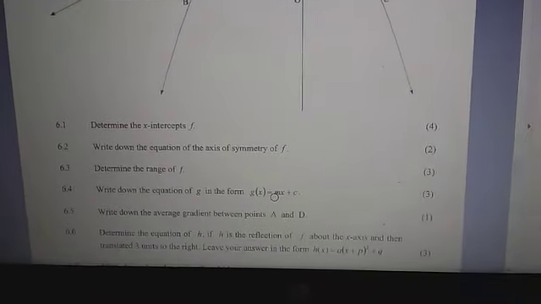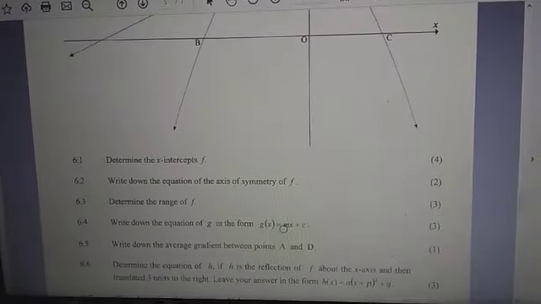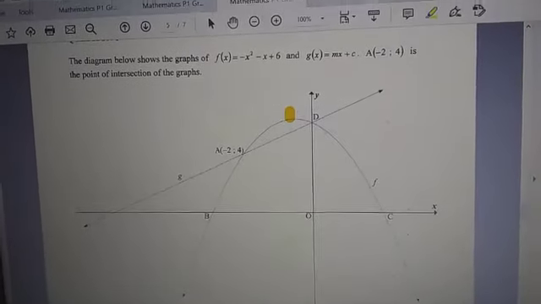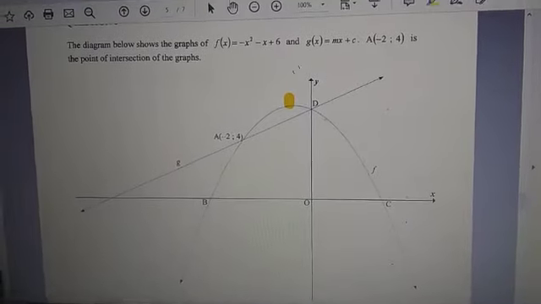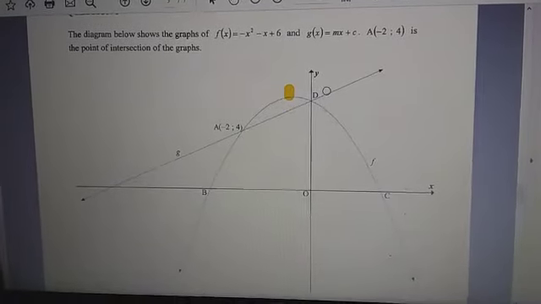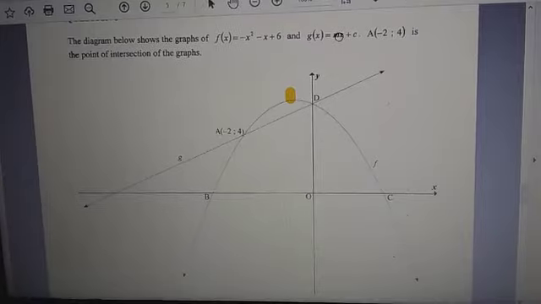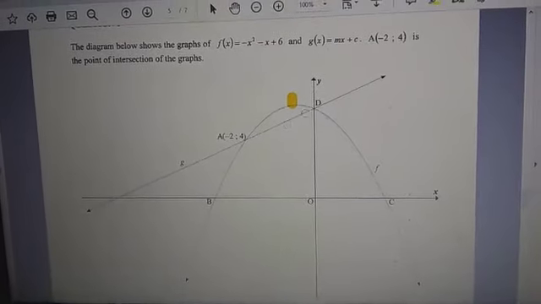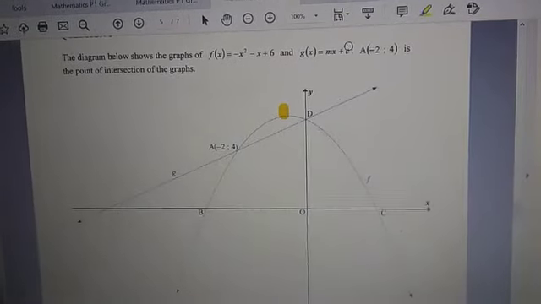The first thing we need is m, the gradient, and we have 2 points here, this point and that point, and this point is 0 and 6. So you determine your gradient, and after having the gradient, you can take any point between A and D to determine c, then you'll be fine afterwards.